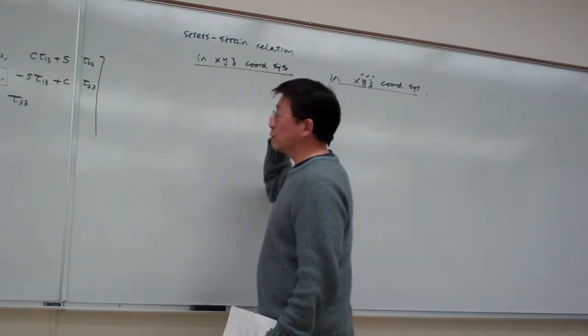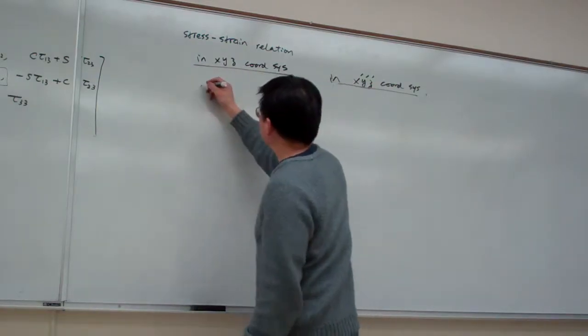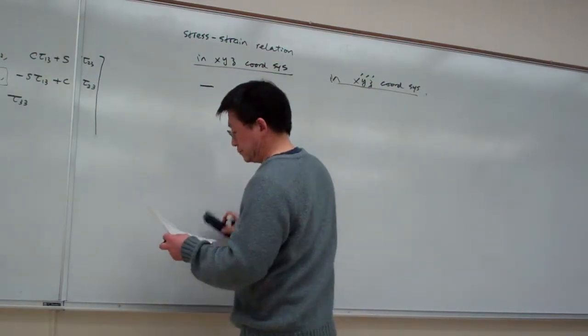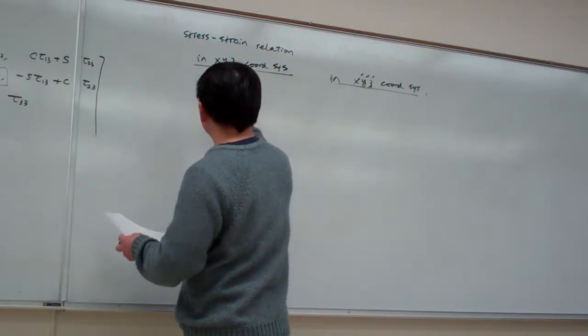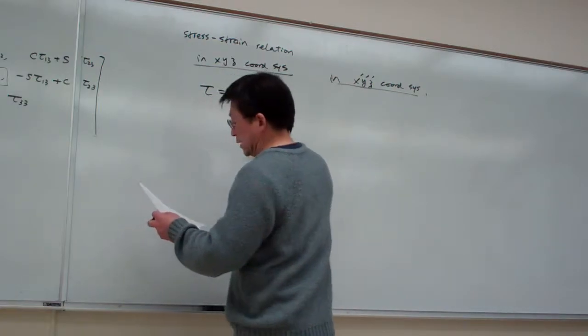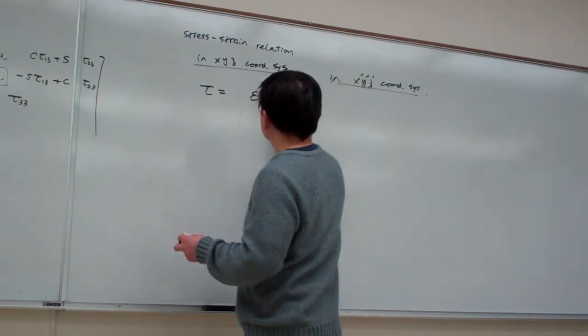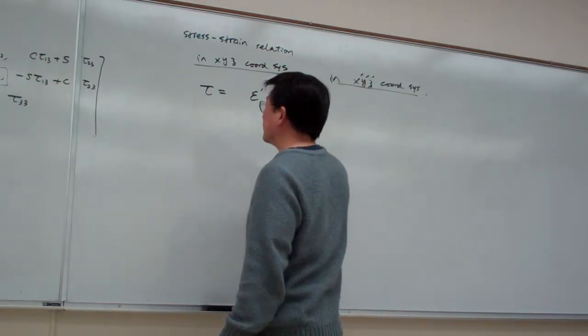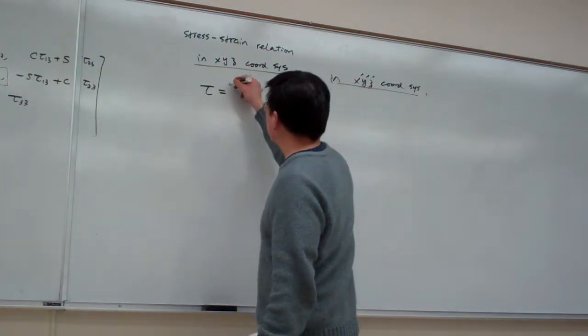So in XYZ, we have the relations can be like this. Tau equal to this. This is supposed to be the stiffness matrix.